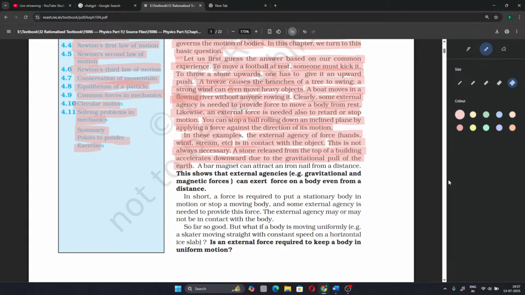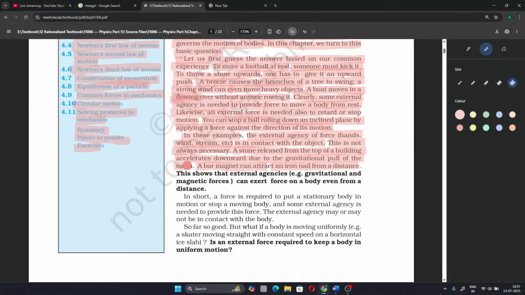There is nothing like that. But still, we can say that there is a gravitational pull, and this is an example of force without contact. And if we see magnets, a very popular example, a bar magnet can attract an iron nail from a distance.